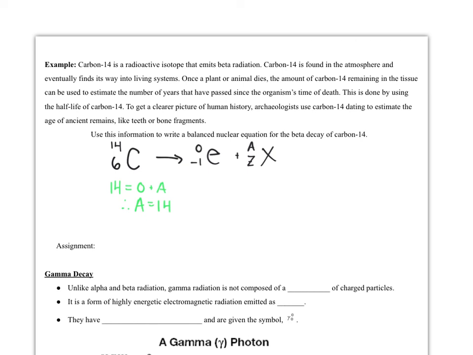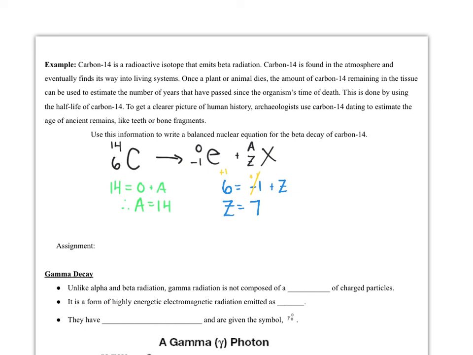In our atomic number, so the bottom numbers here again, 6, -1, and Z, we can say that 6 from our reactants is equal to -1 plus Z from our products. And solving, I add 1 to both sides to cancel the -1. And I'm left with Z is equal to 6 plus 1, which is 7.